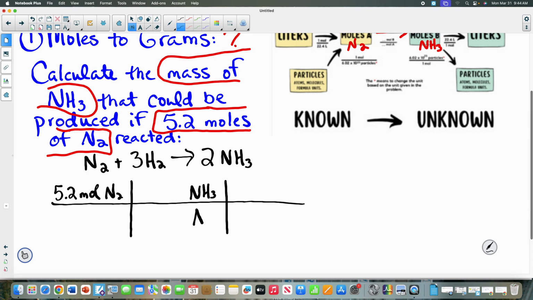Right, which means N2 is on the bottom. Okay, let's fill in our numbers. What am I putting here? 2. And what am I putting here? 1. Good. Right, so now my moles of N2 cancel. And now I need to go from moles of NH3 to grams of NH3.